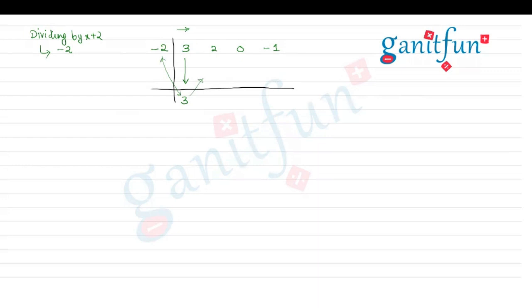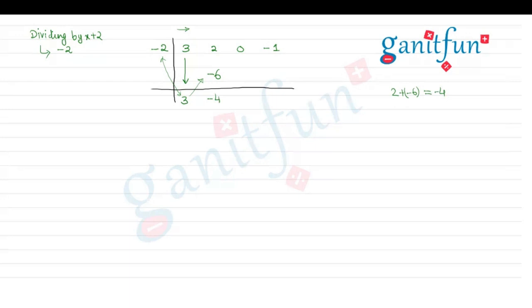Minus 2 into 3 is minus 6. Now we will add 2 plus minus 6, so the answer will be minus 4. So we write it here.